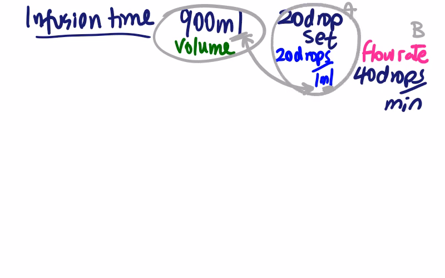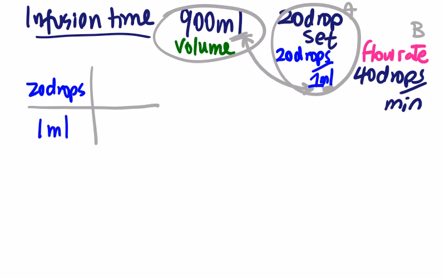set. So let's write these two bits of information here and probably organize it in a box or like a proportional visual way of seeing it. So the two bits of information that we have, the 20 drops per mil, meaning 1 mil, I'll put the 1 mil here, and the volume of 900 mils.